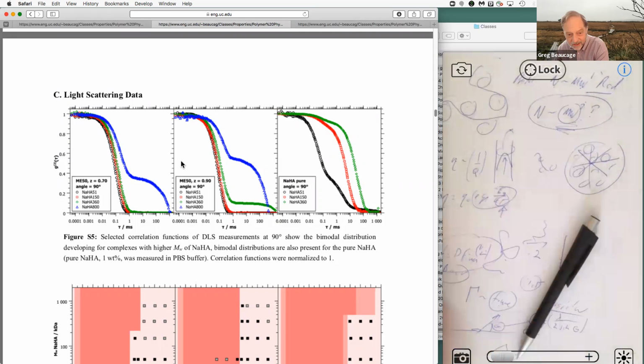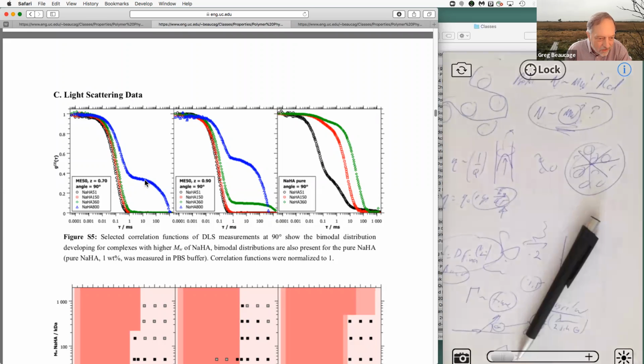A lot of these he just has one time, and some of them he has two times. The second time, the long time of the slow motion, he kind of ignores, or he talks about it, but he says the first one is a diffusional motion with t to the 1/2.